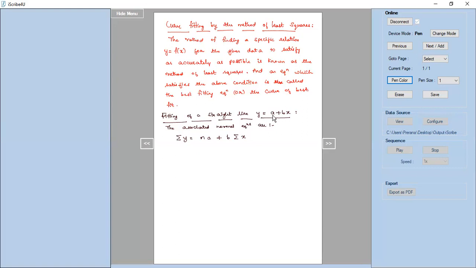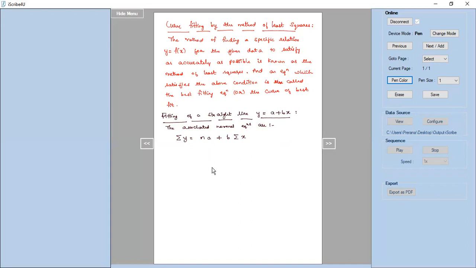When we write down sigma a, a is added n times. N is the number of terms given for us in the given data. So a added n times will give us n a plus b into sigma x. A and b are constants, so b I have written outside. B into sigma x means b times the sum of all the x values.